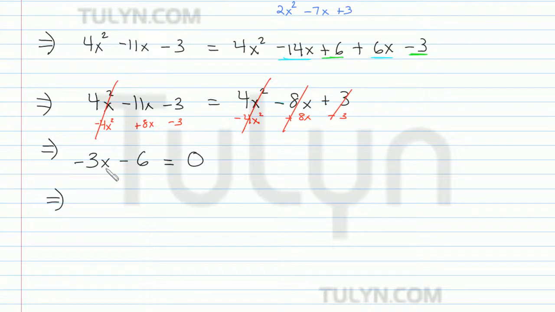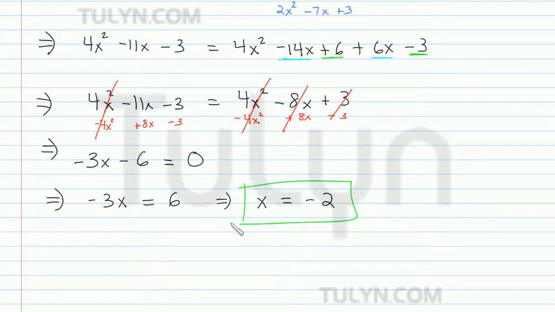And now, since there's only a linear term for x, there's only a one exponent for x, we can just solve for x like usual, right? So adding a 6 to each side, we get negative 3x is equal to positive 6. So x is equal to 6 over negative 3, which is negative 2. And thus this is our proposed solution.